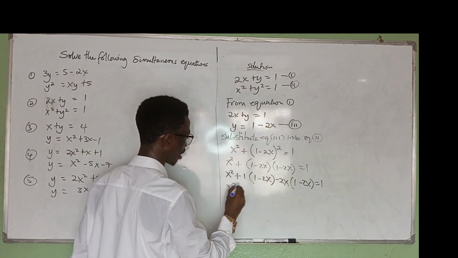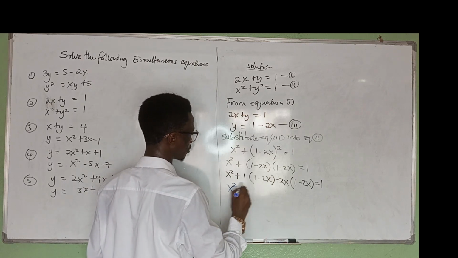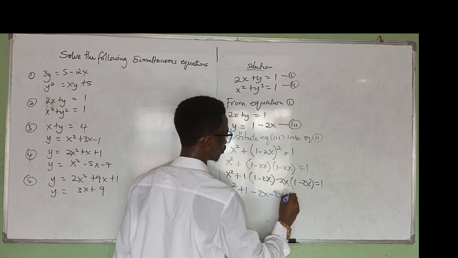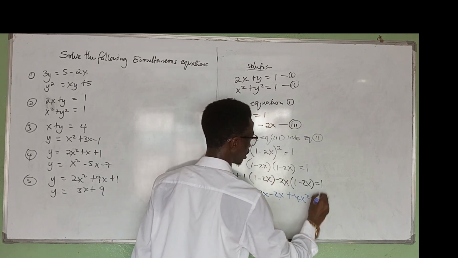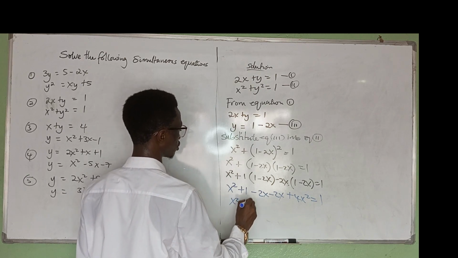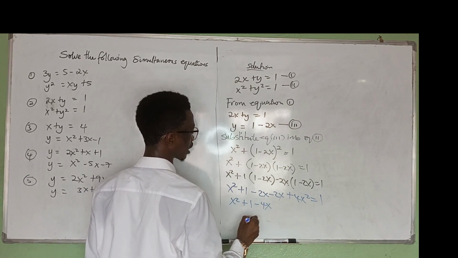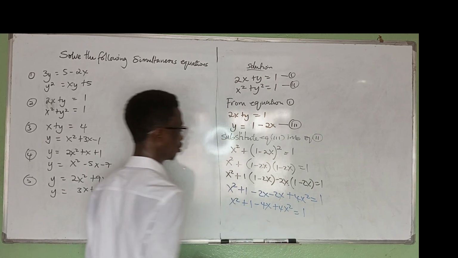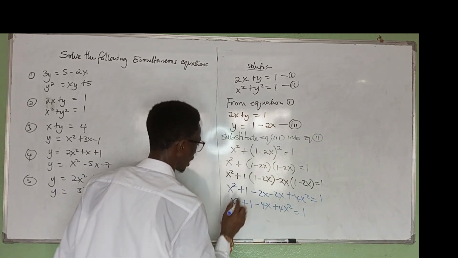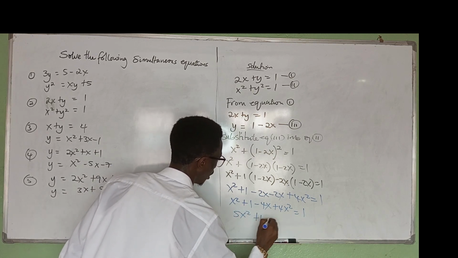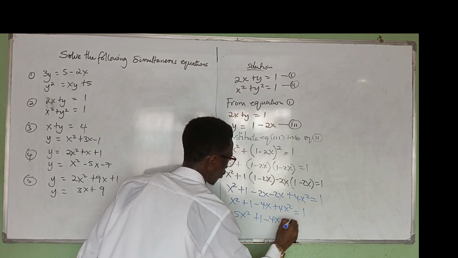So this gives you x squared plus 1 minus 2x minus 2x, plus 4x squared equals 1. So this is x squared plus 1 minus 4x plus 4x squared equals 1. If we add these, it gives you 5x squared plus 1 minus 4x equals 1.